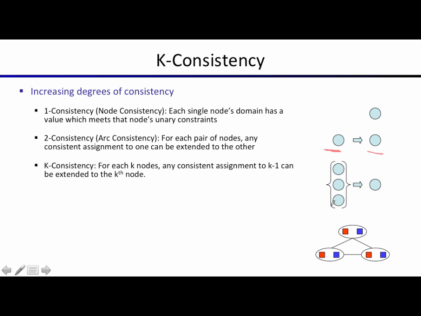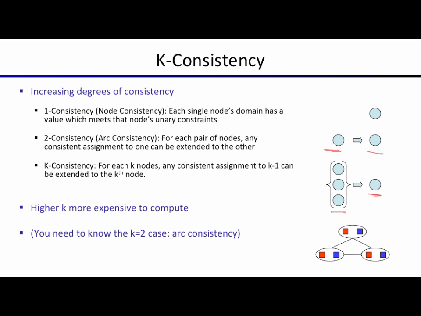K consistency basically says if I have K nodes and I split them into K minus 1 here and a Kth one, then for every consistent assignment that I can do for the K minus 1 nodes, I guarantee that I'm going to be able to find a Kth assignment that is consistent with the K minus 1. So that's the idea of K consistency. For each K nodes, any consistent assignment to K minus 1 can be extended to the Kth node. It's a generalization from 2 to K. Of course, the higher the K, the harder it is to compute, right? And you'll need for this course to know the case of K equals 2, which is arc consistency.